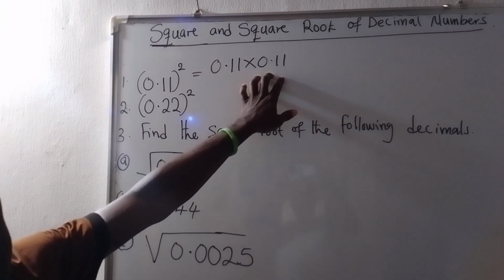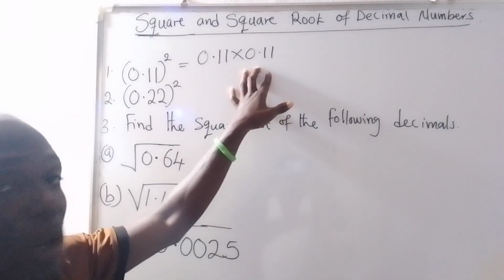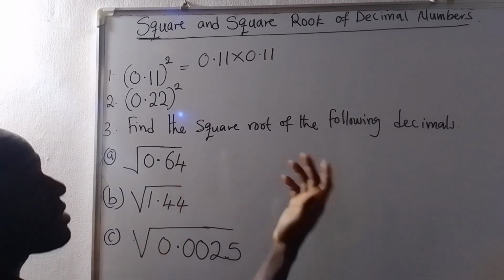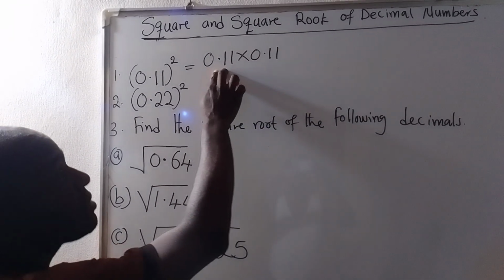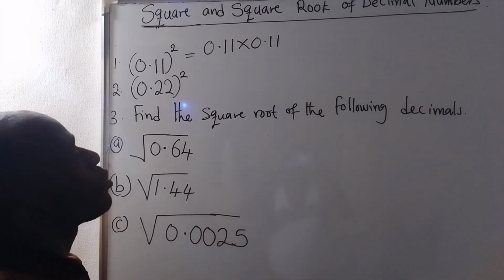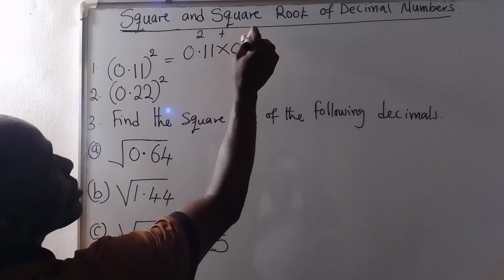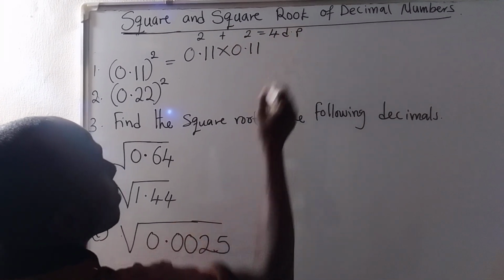So to multiply this, if you have been following my video, you remember we did multiplication of decimal numbers. But a quick recap. This number has 2 decimal places, because if you count from your right hand side, 1, 2. The same thing here, 1, 2, this number has 2 decimal places. So 2 decimal places plus 2 decimal places, it will have 4 decimal places.